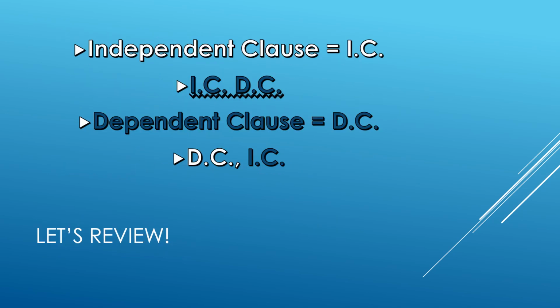So here's something to remember about punctuation. If you have an independent clause as the first part of the sentence, it just smoothly goes right into the dependent clause, and you don't need a punctuation mark here. No punctuation mark needed here. If you have a dependent clause as the first part of the sentence, you have to have a comma here.